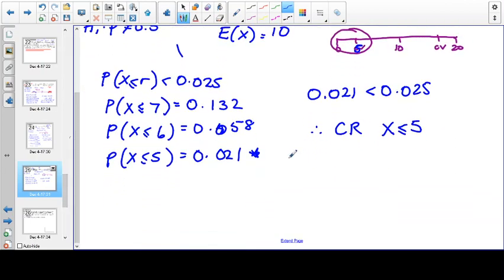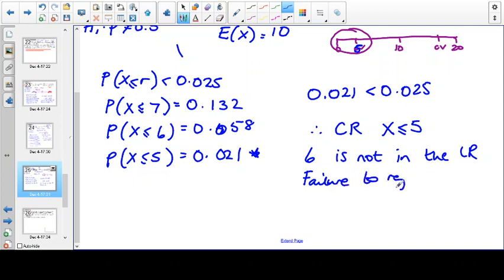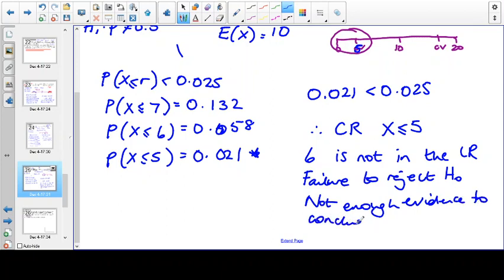Okay, so we need to write that down. So 6 is not in the critical region. Failure to reject H0. Not enough evidence to conclude the coin is biased.